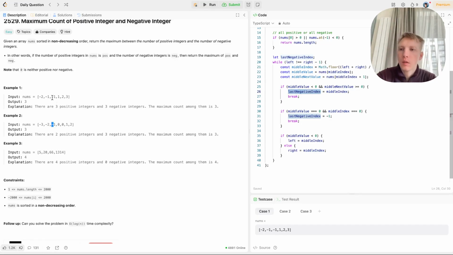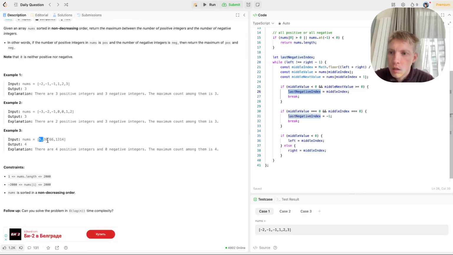Here we would have 2.5, 2, 1, 2, minus 1, 1. Here we initially meet this condition, and last negative index would be 2.